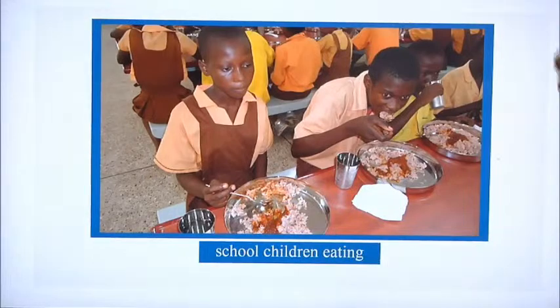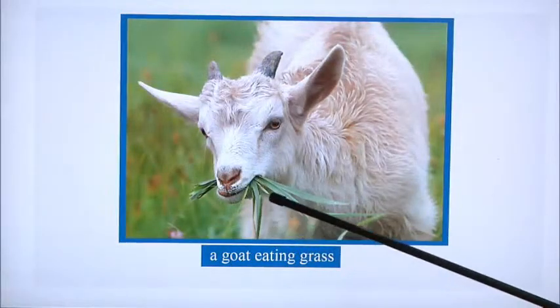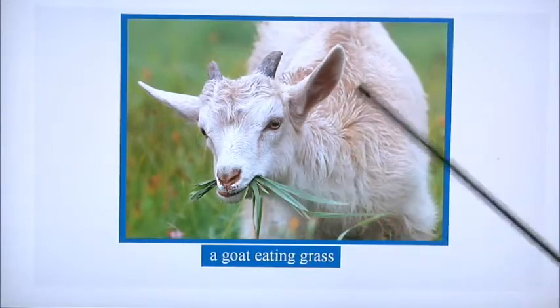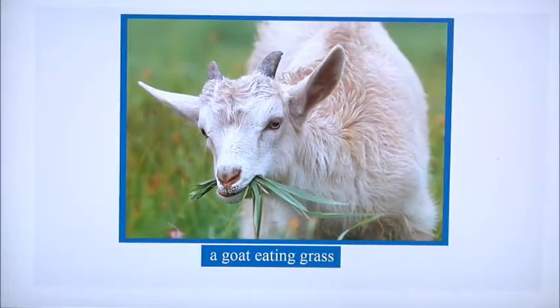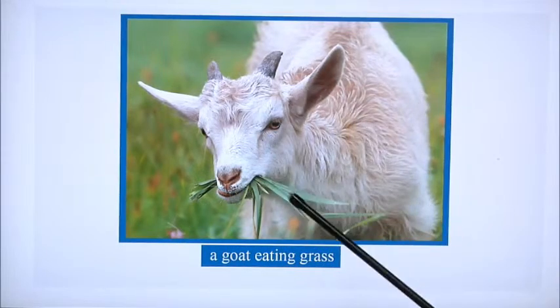Now let's look at another one. Now what is on our screen? A goat eating grass. Say it. A goat eating grass. Goats normally eat what? Grass. Now what type of goat is this? This is a female goat.